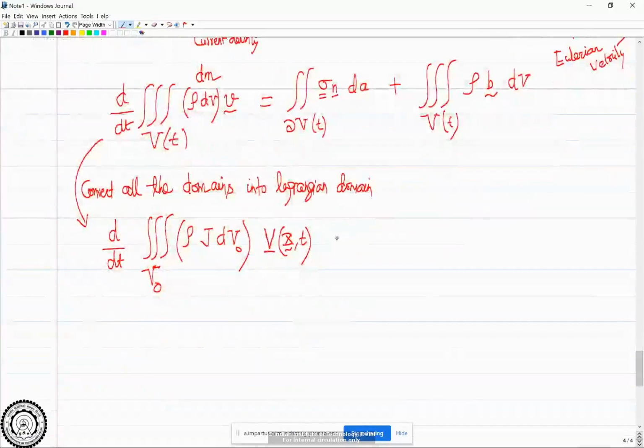And then you can come to the right hand side. Can you recall now that we had converted from deformed surface to undeformed surface?